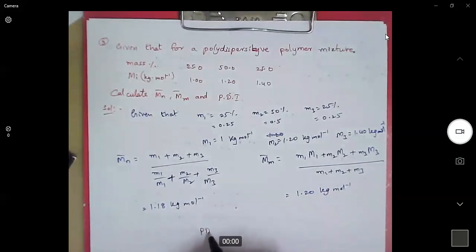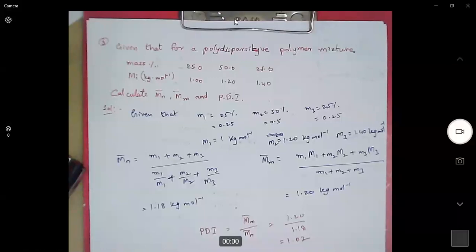PDI can be calculated using the formula Mw bar by Mn bar. So 1.20 by 1.18 is almost 1.0, so the polydispersity index is 1. This is how we calculate the number average molar mass, mass average molar mass, and then the polydispersity index.